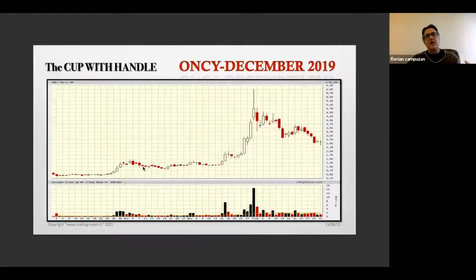It means that for me, if this stock makes a consolidation base and doesn't fall after this rise, it could follow the same move in proportion.